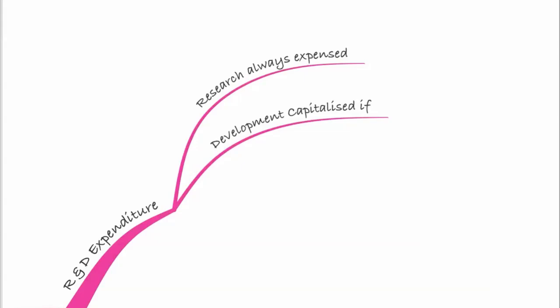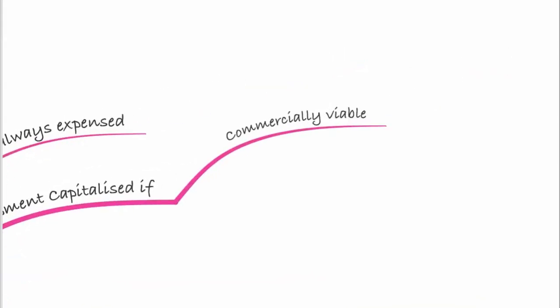Development expenditure, and that's expenditure that is going to lead to a product, so it's actually developing a product, will be capitalized if, and it needs to meet all of these criteria, it is commercially viable. So that means, of course, it's going to lead to future economic benefit, one of our criteria.